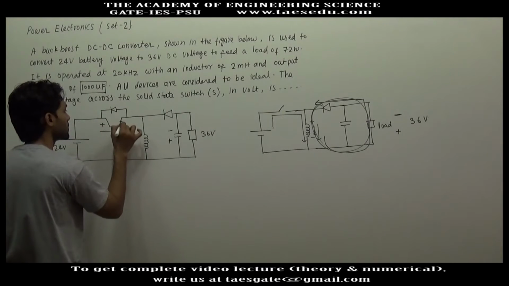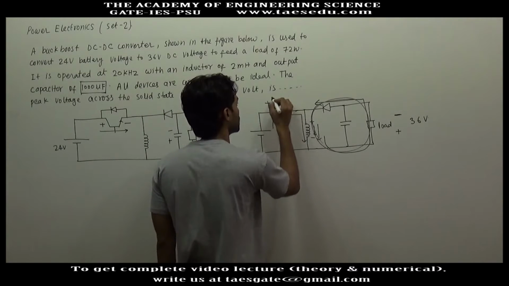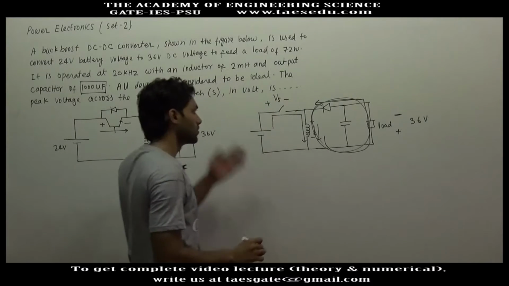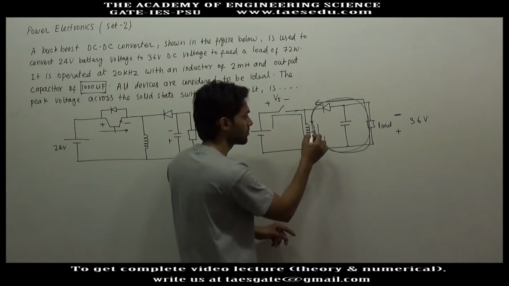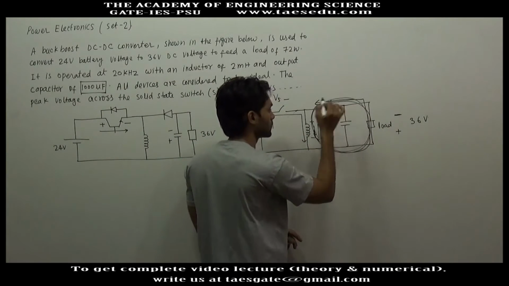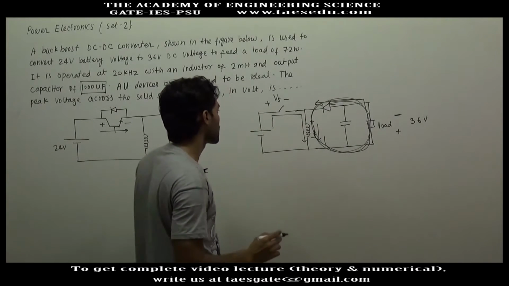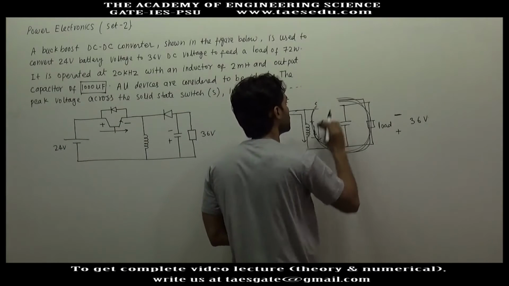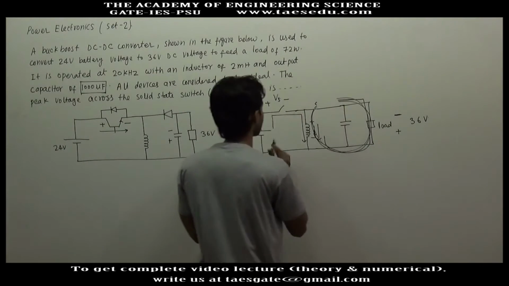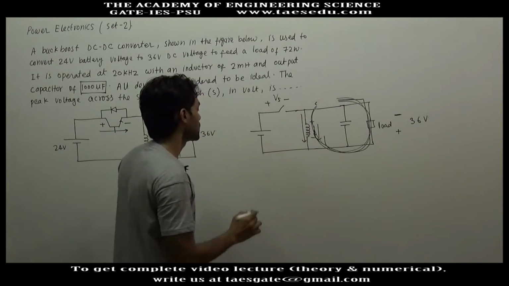Let's say this is the reference of switch voltage Vs. Now when this switch is turned off, the inductor current will flow through this path. If it flows through this path, this diode will be short circuited, and this is the reference for switch voltage.